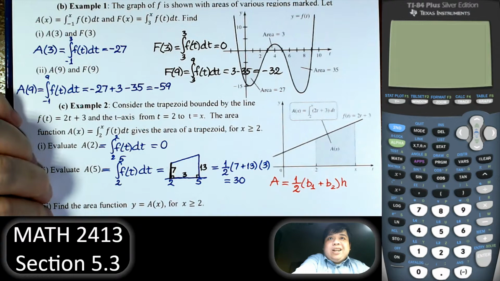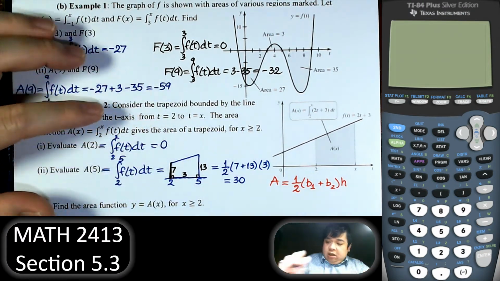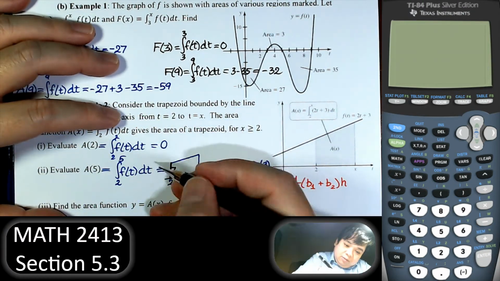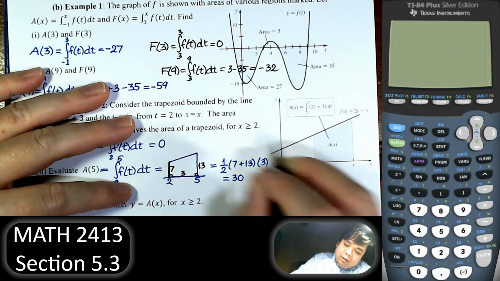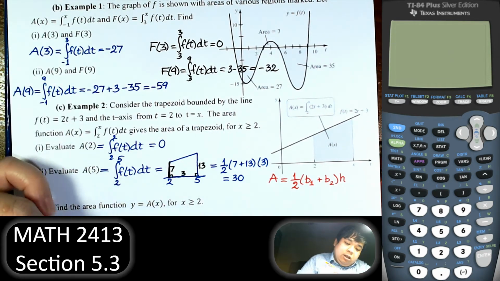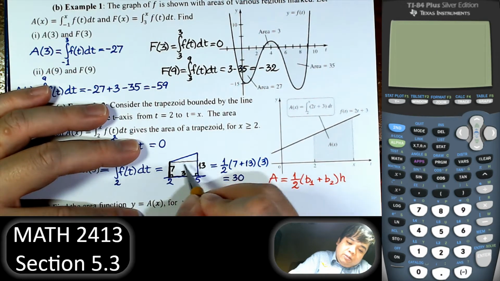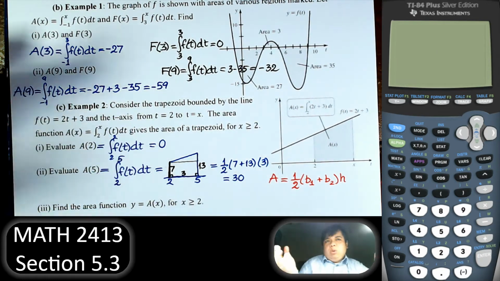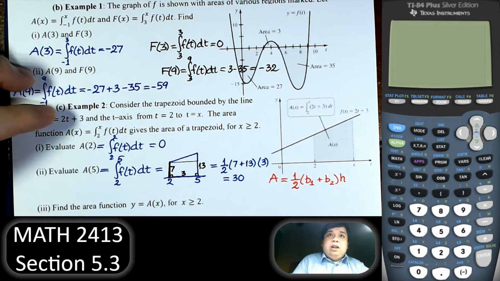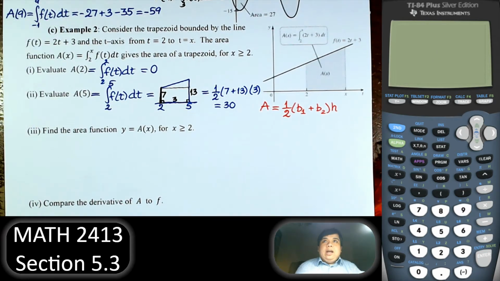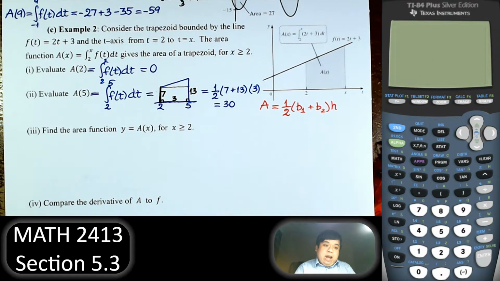I'm going to do it using that formula, but of course we can also divide this into a rectangle and a triangle, which gives us the same thing, which is 30.